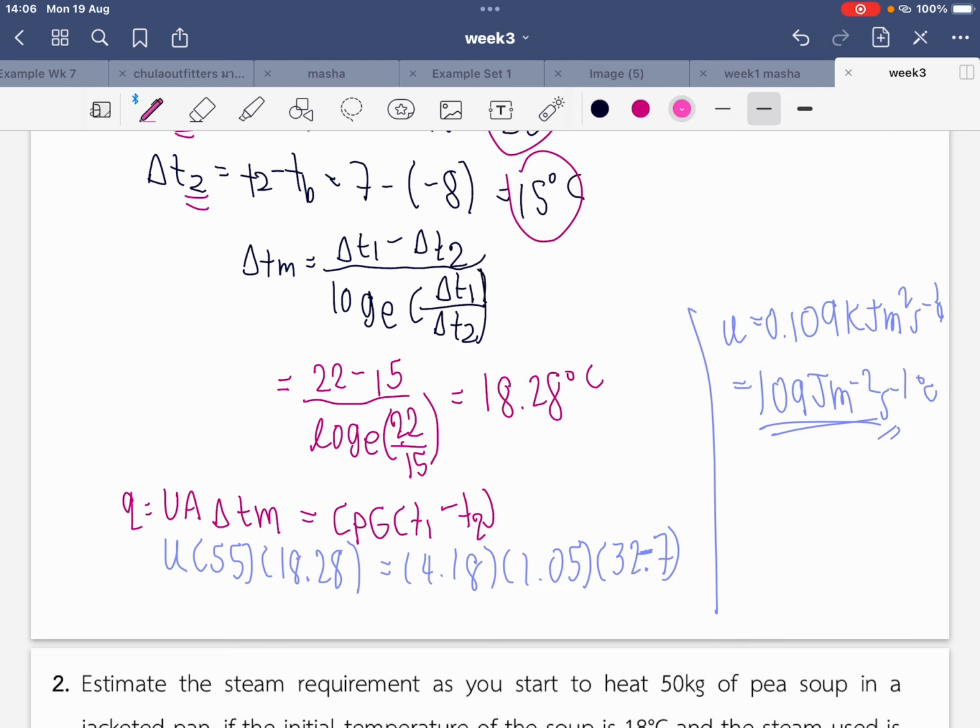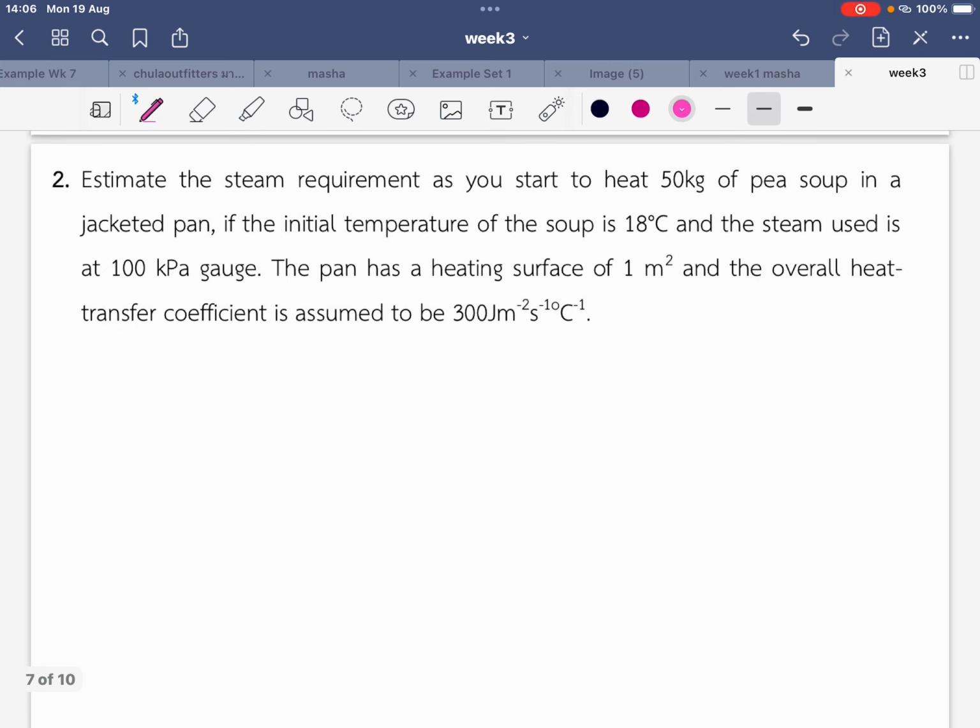This one. Okay. For the second question, we need to estimate the steam requirement. Heat 50 kilograms of pea soup, and the soup is 18 degrees Celsius, 100 kPa, and the pan has a heating surface of 1, overall is 300.